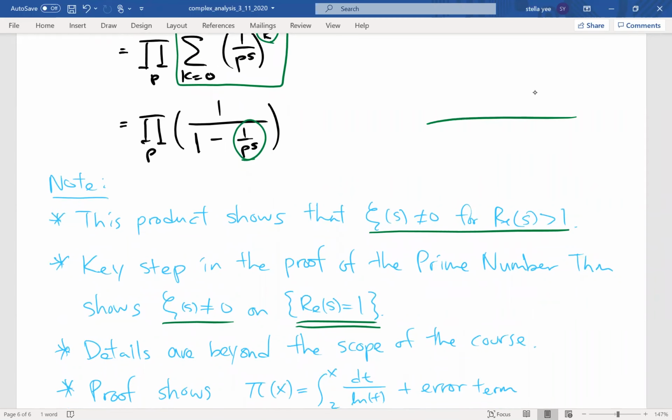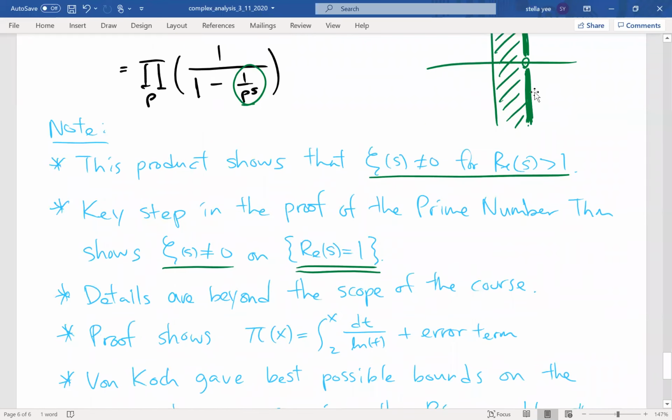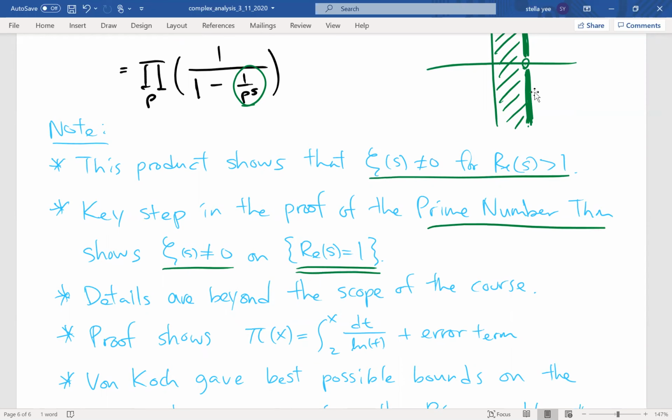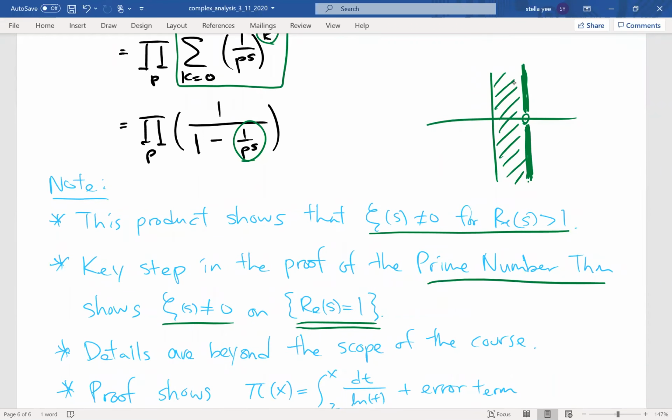So this is the critical strip, and you show that there's no zero on this line, and it turns out that that's equivalent in some sense to the proof of the prime number theorem. So showing that a zero doesn't exist there is already saying something about the distribution of prime numbers.